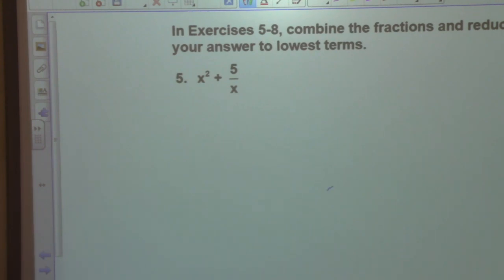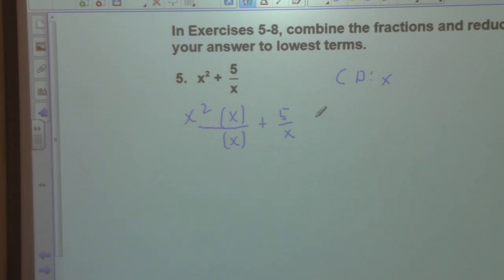There it is. Okay, what happens, our common denominator is going to be x. So this one right here, how do I write x squared as a common denominator of x? X to the third over it. Yeah, I just multiply by x over x.